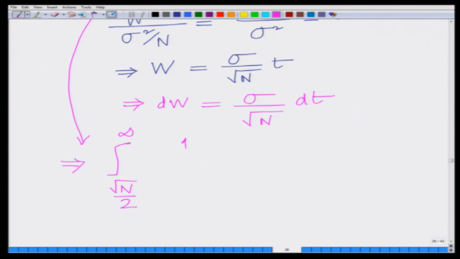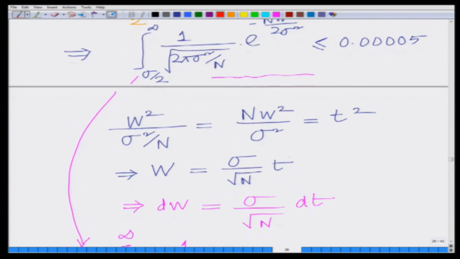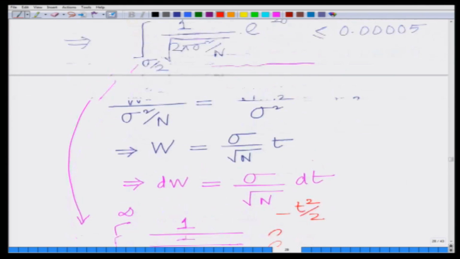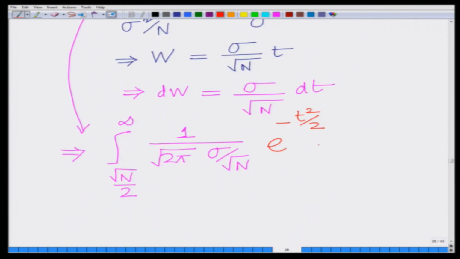Now, 1 over square root of 2 pi sigma square by n. If I bring the sigma over square root of n out, we have e raised to minus t square divided by 2, and dW is sigma divided by square root of n dt.